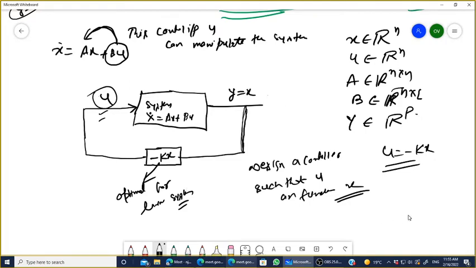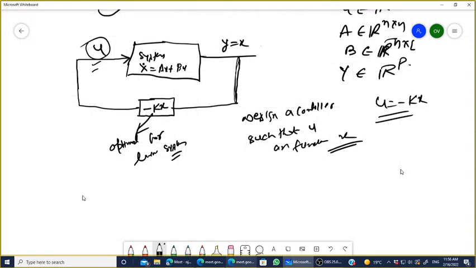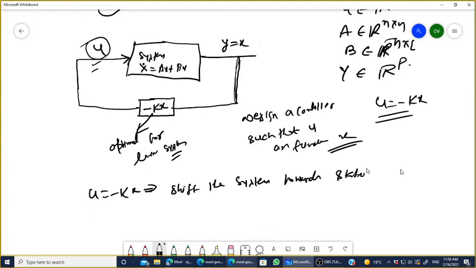Or you can say in another way that u is equal to minus of kx will shift the system towards the stability. समझ में आ रहा बात में? Yes or no? Yes, sir.